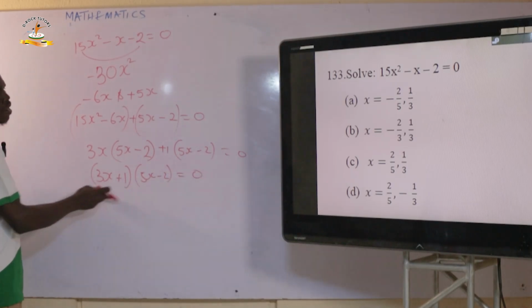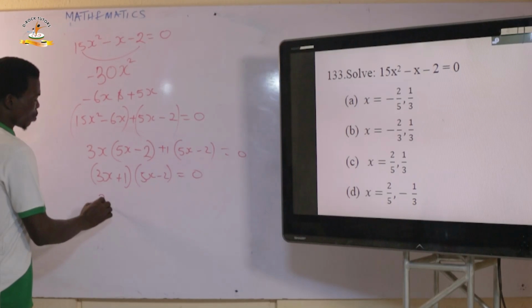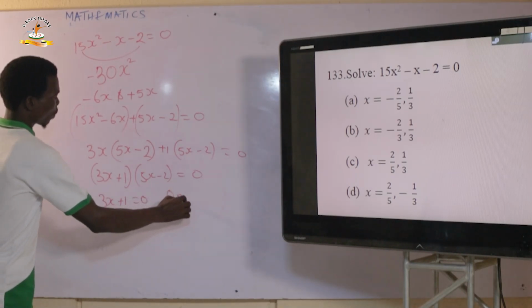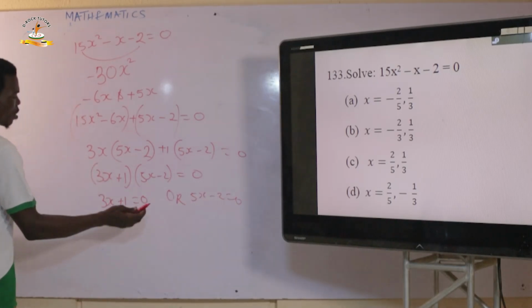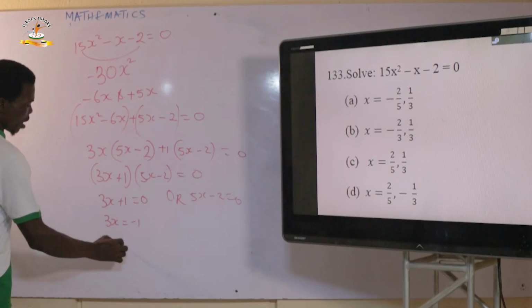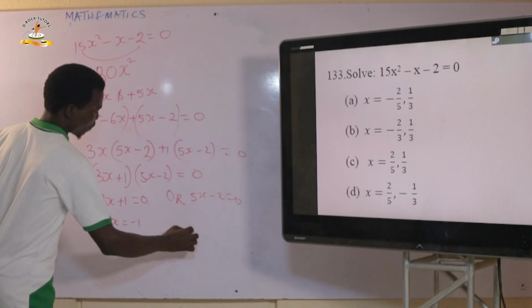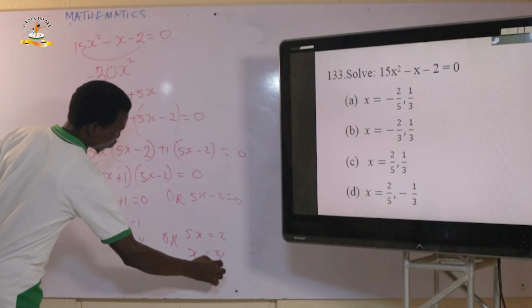If this multiplied by this is 0, one of them must be 0, or the two are 0. So I say 3x plus 1 equals 0, or 5x minus 2 equals 0. This means 3x equals minus 1 and x equals minus 1 over 3, or 5x equals 2, or x equals 2 over 5.